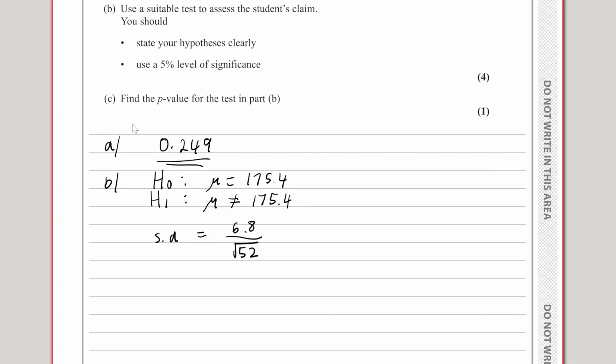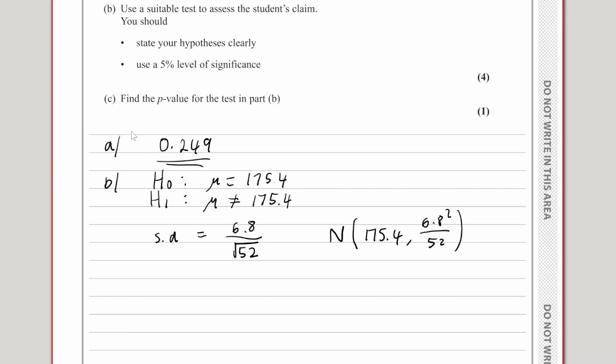So we're going to have a normal distribution with a mean of 175.4 and a variance of 6.8 squared over 52.